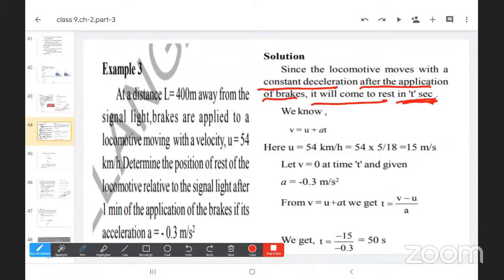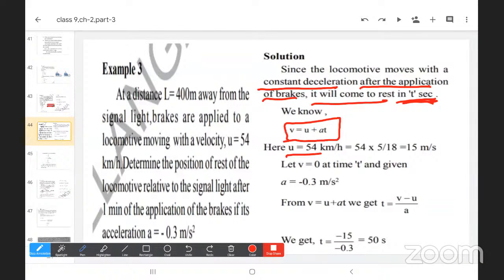So we know v equals u plus at. So substitute the values in this equation. Here given u equals 54 kilometer per hour. Here the distance is given in kilometers and time in hours, so we need to change this into meter per second. How will we change this kilometer per hour into meter per second?